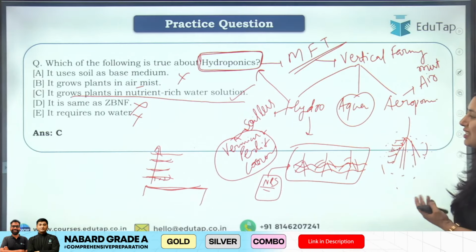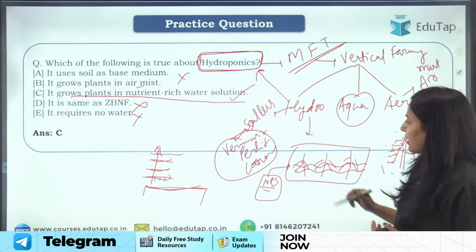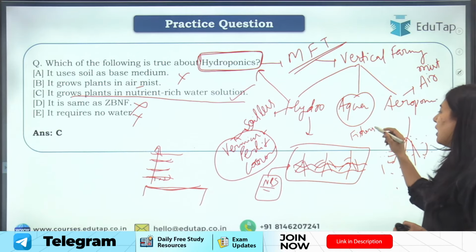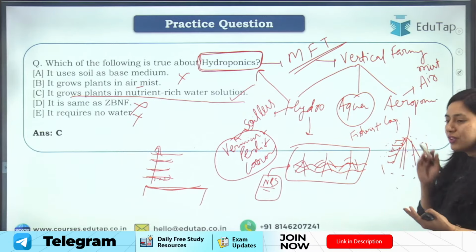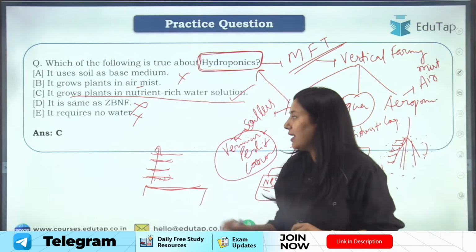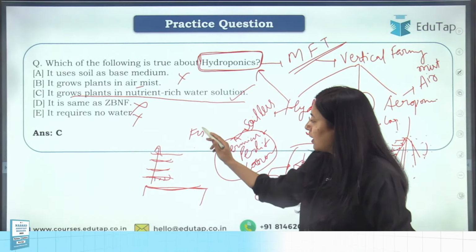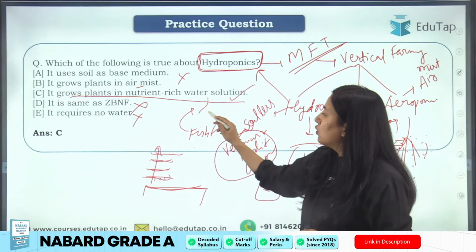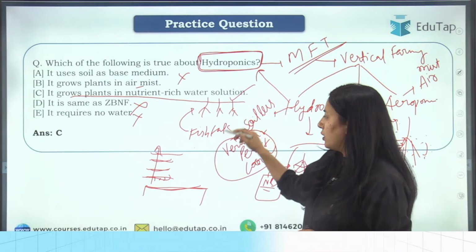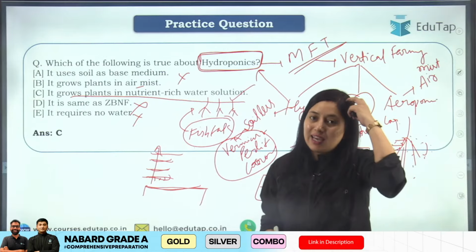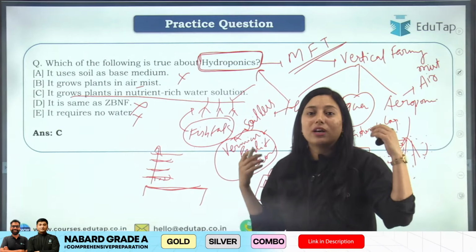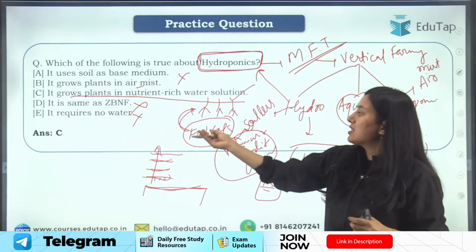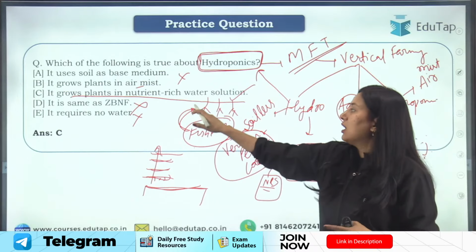Then we have one more term which is aquaponics. So students, in aquaponics, you are cultivating fishes along with growing crops. So fisheries and crop production both go together. In this there is a fish tank, and water from this fish tank is allowed to pass through the crop root. Why? Because the fishes are aminotelic, means they excrete out ammonia. Ammonia is a fertilizer and we can pass this ammonia rich water to the crop.